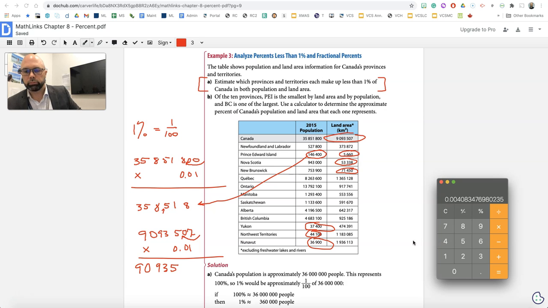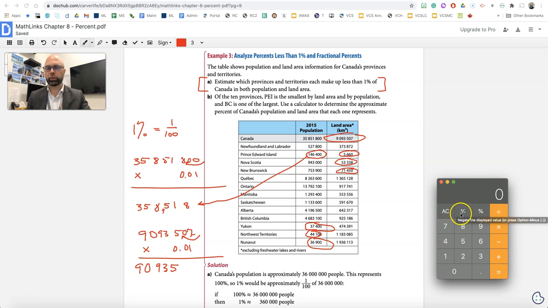That's not right. What am I doing wrong here? Doing something wrong. Did I type in the wrong population for Canada? Let's try that again. 400 divided by 35,851,800.